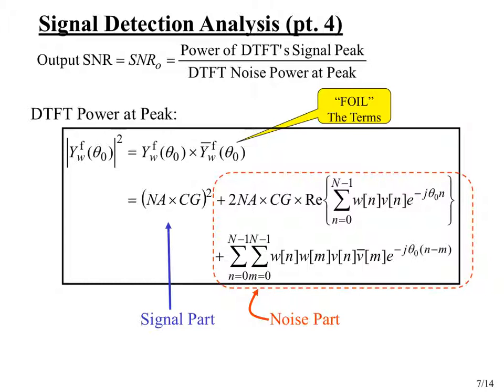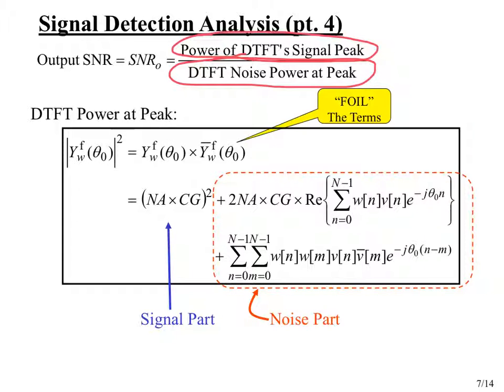So we will define an output signal-to-noise ratio. We had an input SNR. Well, the output SNR will be the power of the peak. So we look at that height, and we're going to square it to get the power. And then we're going to look at the noise power at the location of the peak.